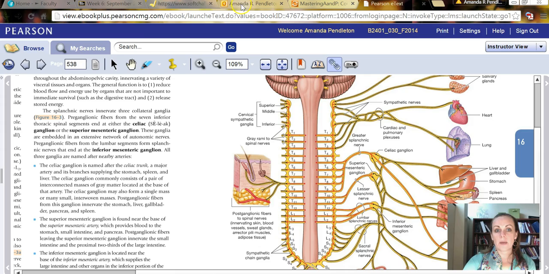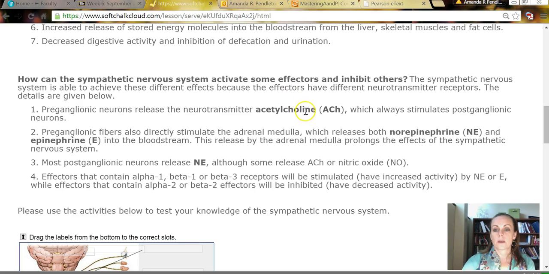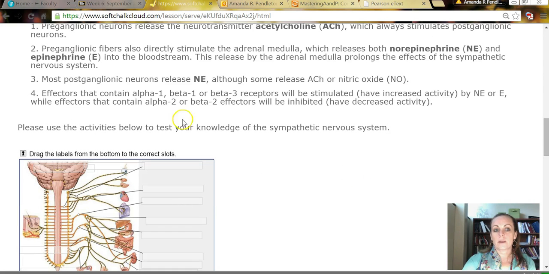Now, if you look back on your homework, the effectors contain different receptors. If they contain these receptors, then they're going to be stimulated by norepinephrine. But if they happen to have alpha 2 or beta 2 receptors, then they're going to have decreased activity.